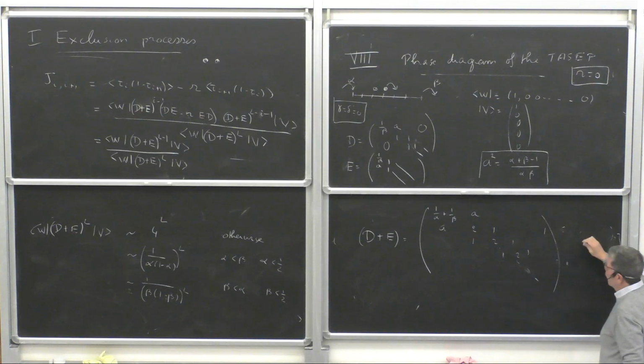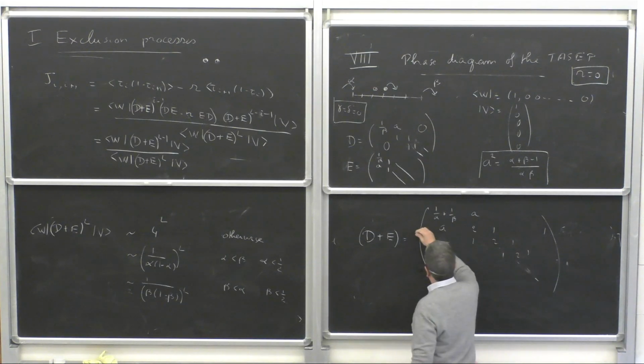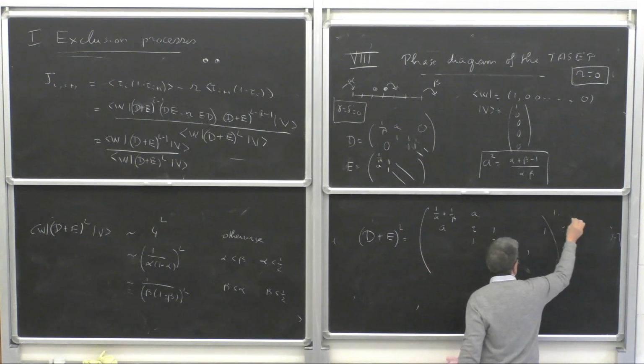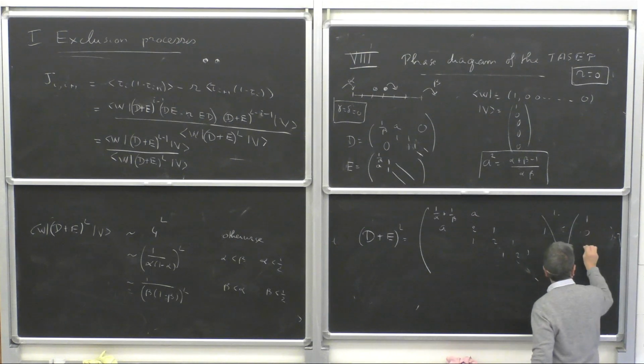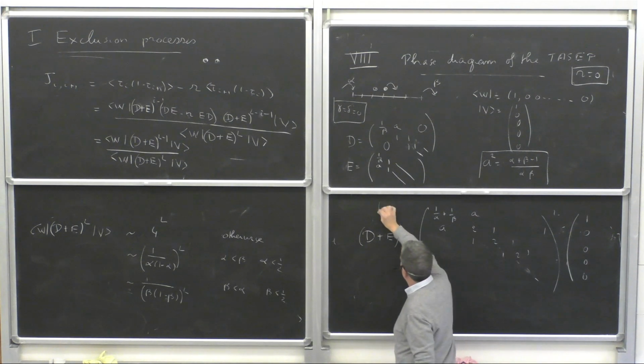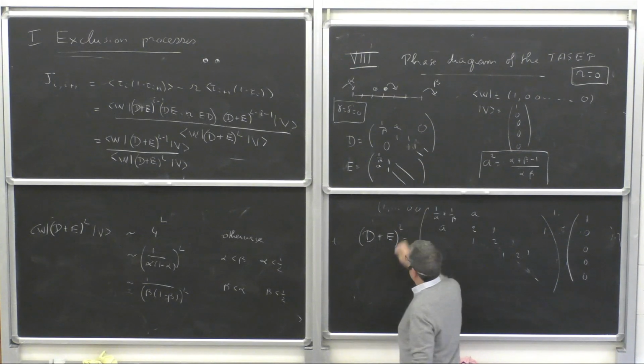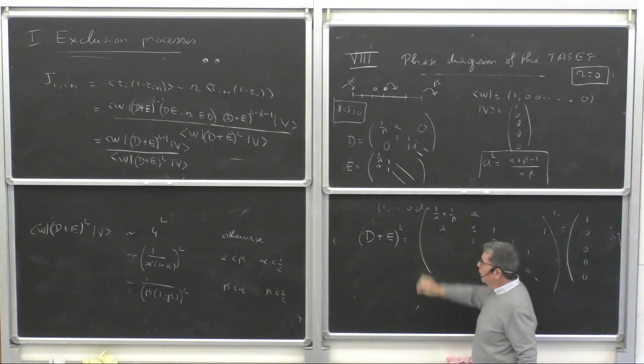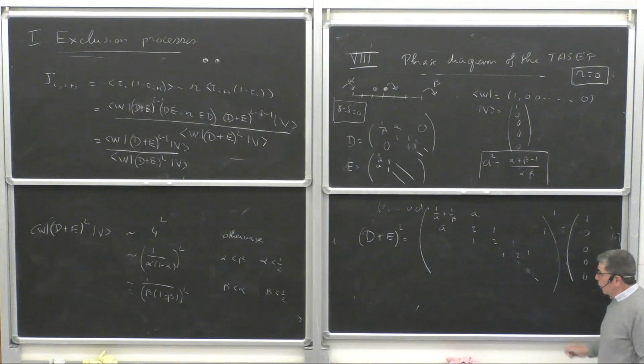I want to take that to the power L and then multiply by the vector here, and there will be the vector on the left, 1, 0.